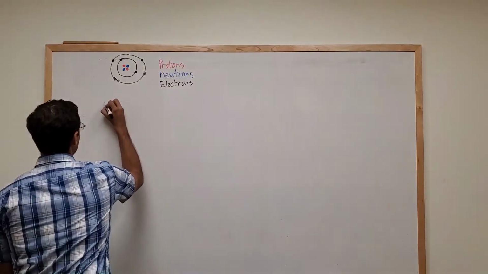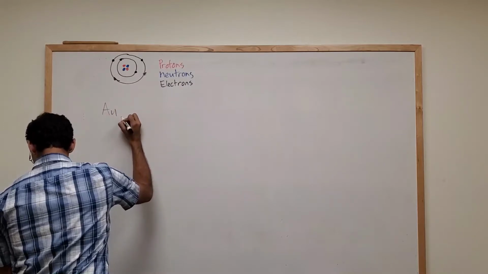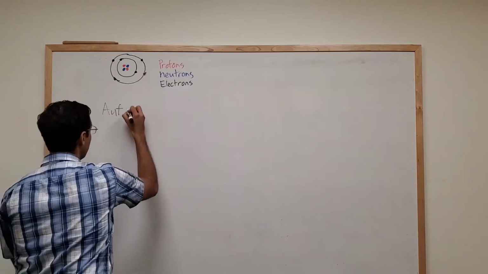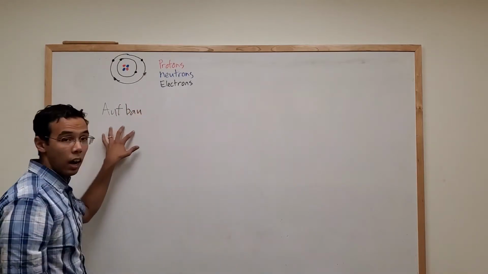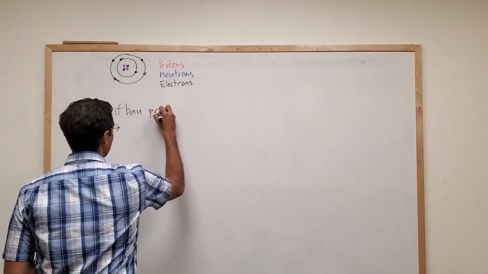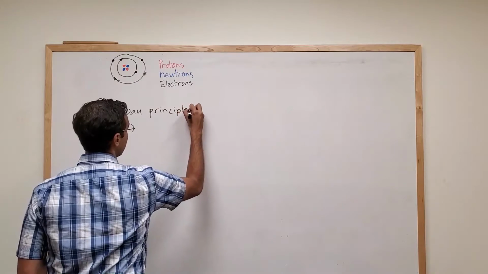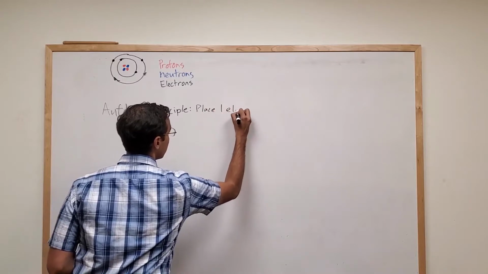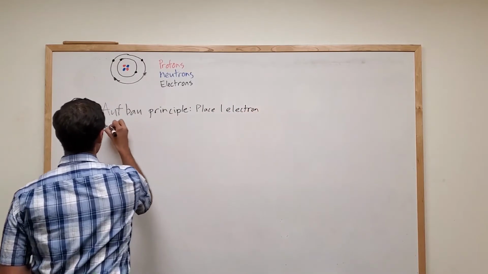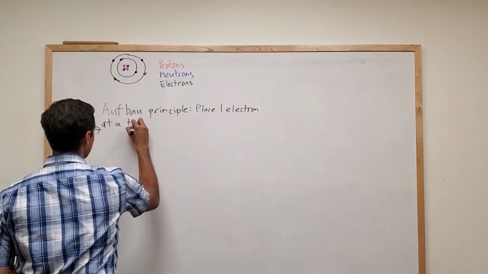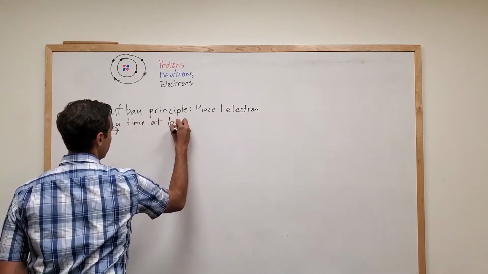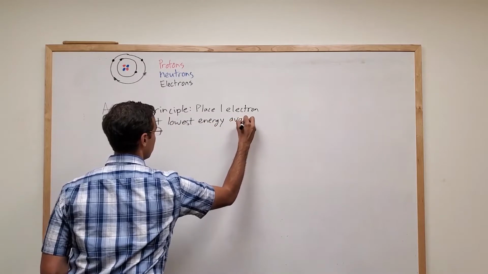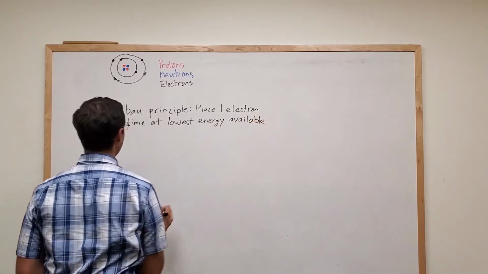Okay, number one is going to be, this one is a tricky one to spell, the Aufbau principle, which simply states: place one electron at a time at lowest energy. Okay, that's the Aufbau principle.